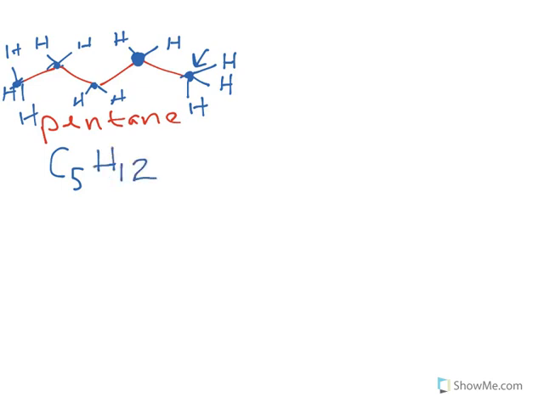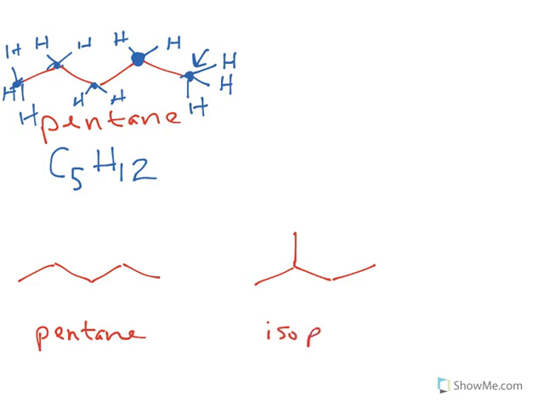That's the molecule pentane. So what I'm going to do is redraw pentane below here, and I'm going to draw an isomer of this compound called isopentane. So down here we have pentane and isopentane. An isomer is a compound with the same chemical formula, but it is a different molecule.